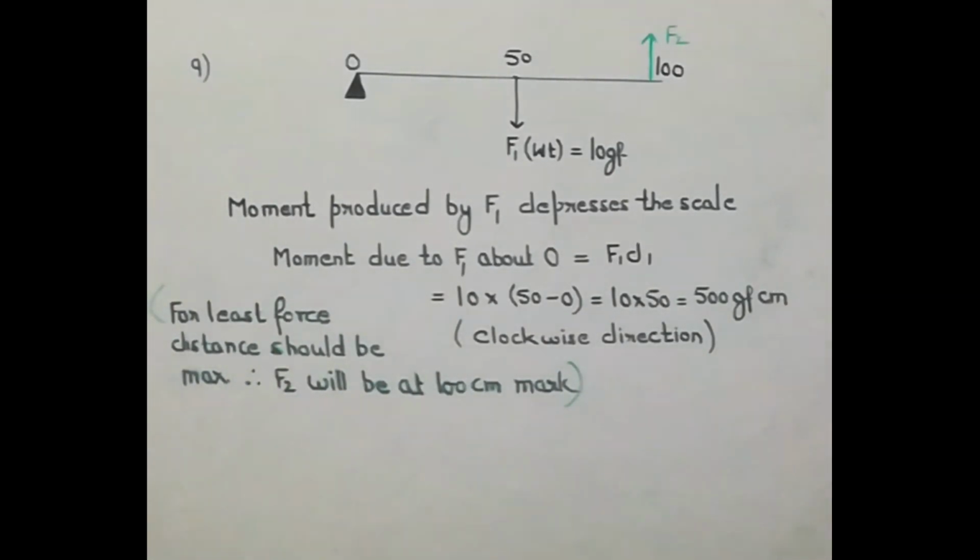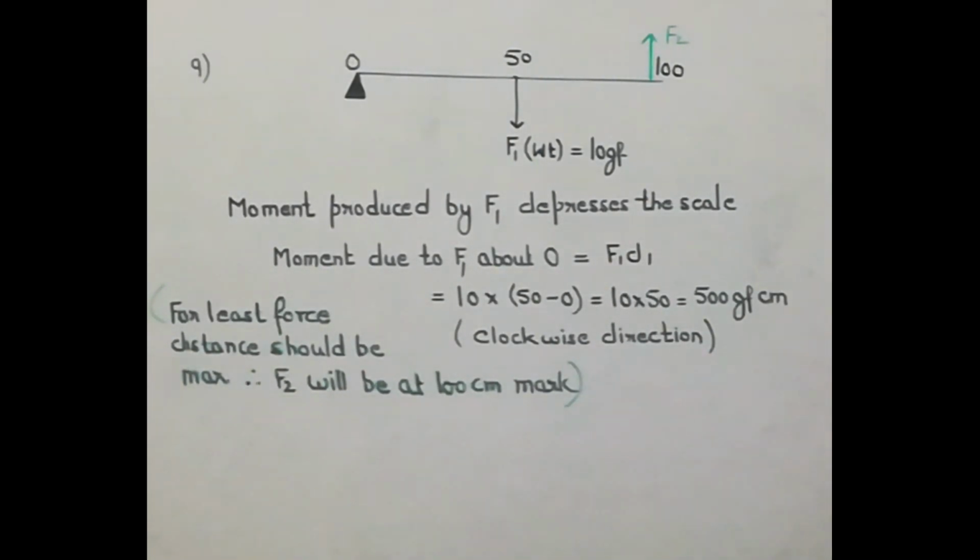First of all, it was clear to you that the force is to be placed at 100 centimeter mark. But now we have to talk about the direction also. See, if we place it in the downward direction, then F2 will start producing clockwise moment, and F1 was already producing clockwise moment, so they won't be able to balance each other.